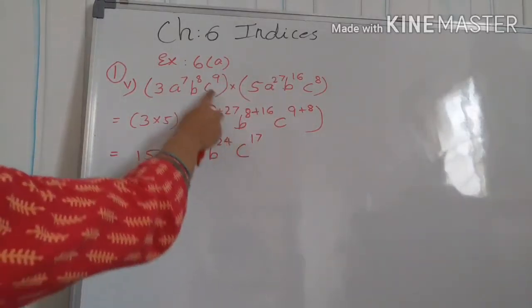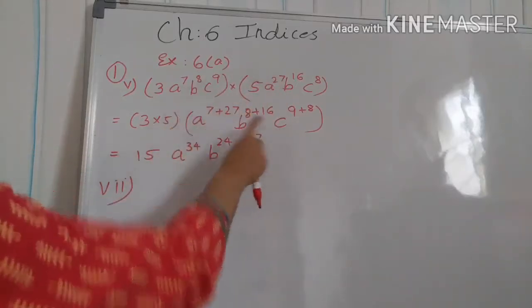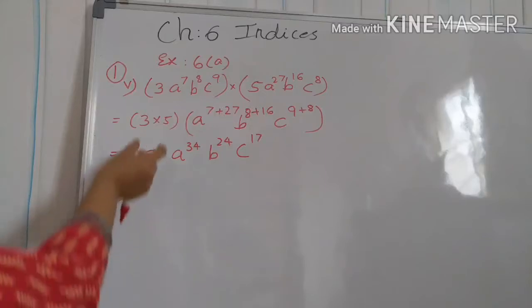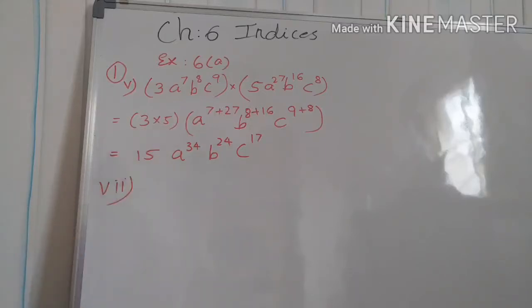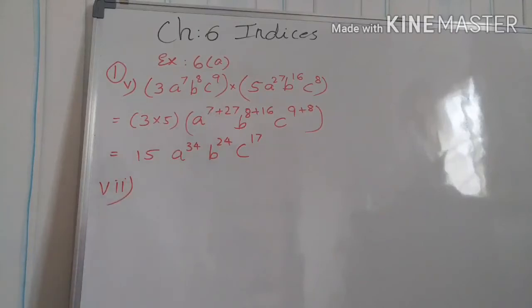Similarly in B, 8 plus 16 as power, and similarly in C, 9 plus 8. So the 5 3s are 15 and the others are added: 7 plus 27 is 34, 8 plus 16 is 24, and 9 plus 8 is 17.